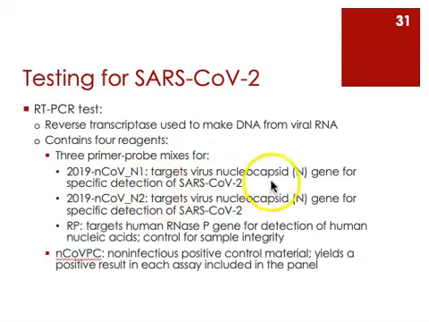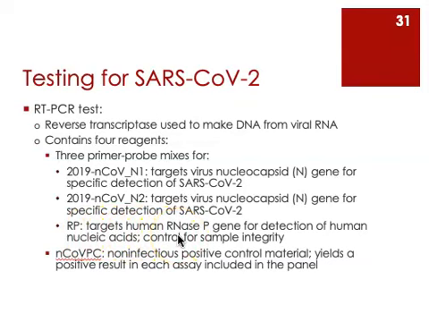There's a protein that's referred to as the nucleocapsid. Remember, that's the outer coating, the capsid, the outer protein coating around a viral particle. And they've targeted that gene with a primer. There's also, interestingly enough, a primer in there that acts as a control.